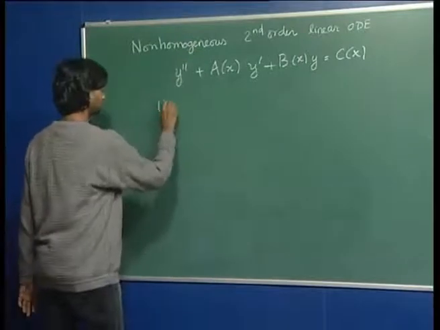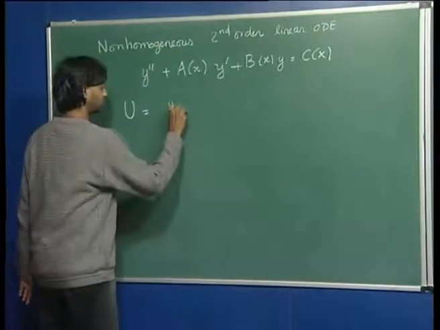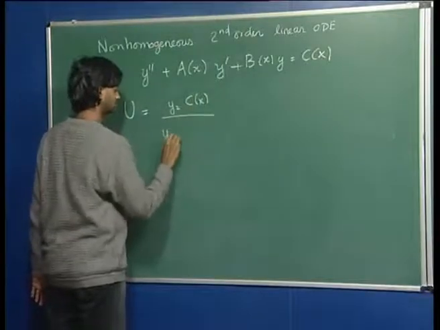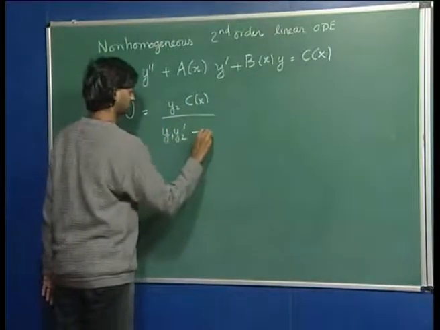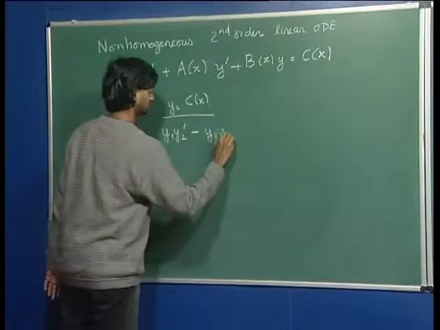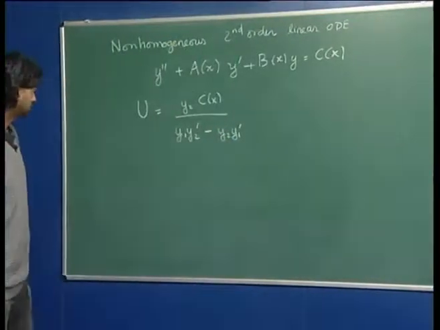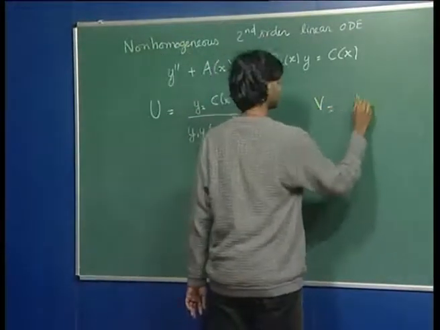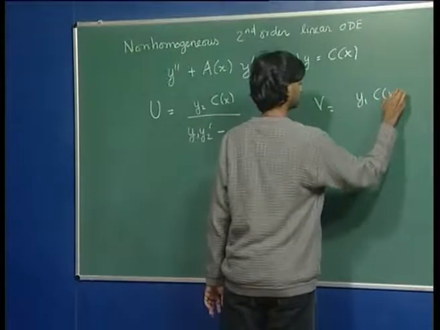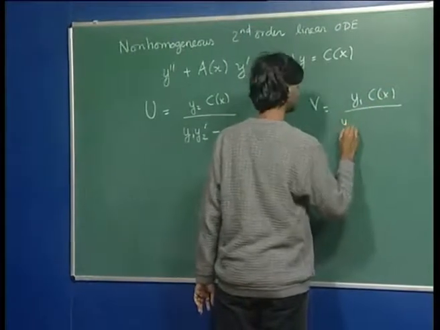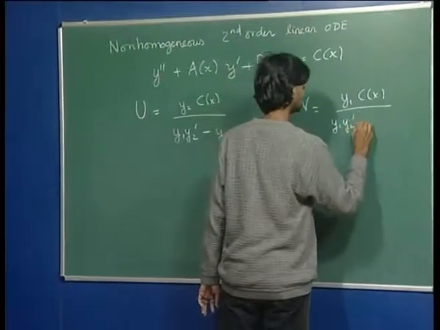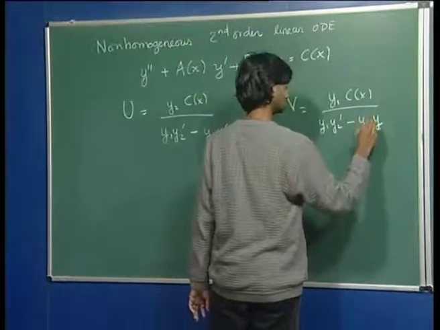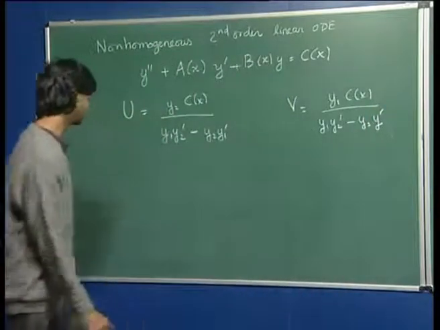You will get u is equal to y2 C of x divided by y1 y2 prime minus y2 y1 prime. And you will get v is equal to y1 C of x divided by y1 y2 prime minus y2 y1 prime.